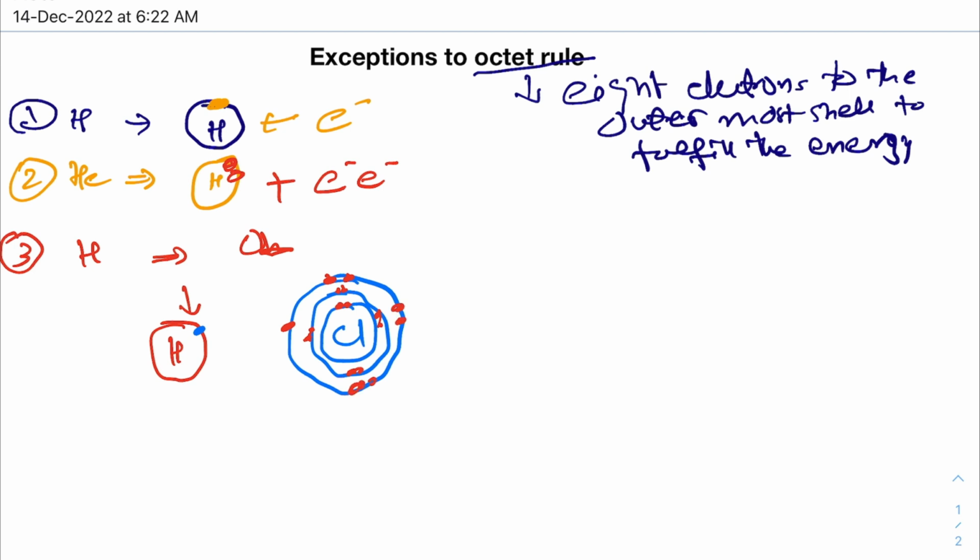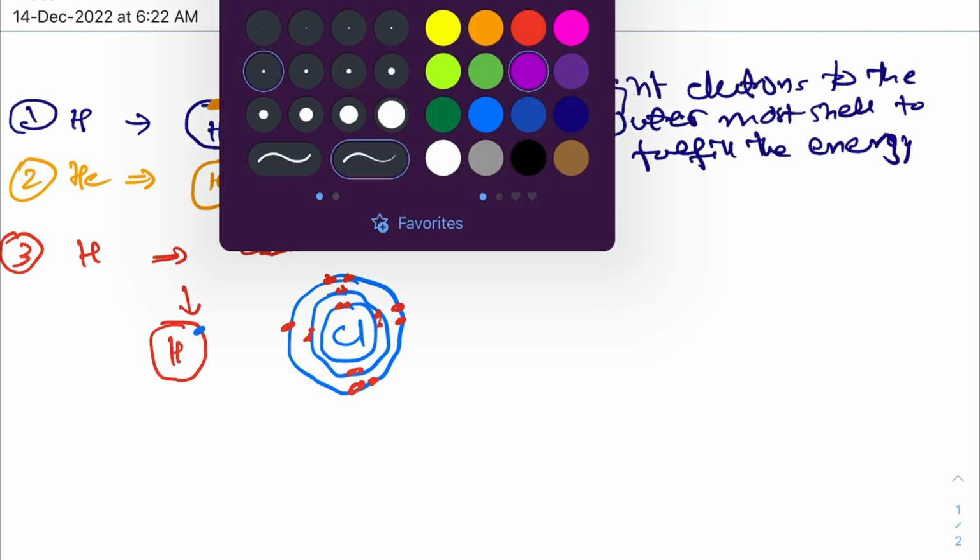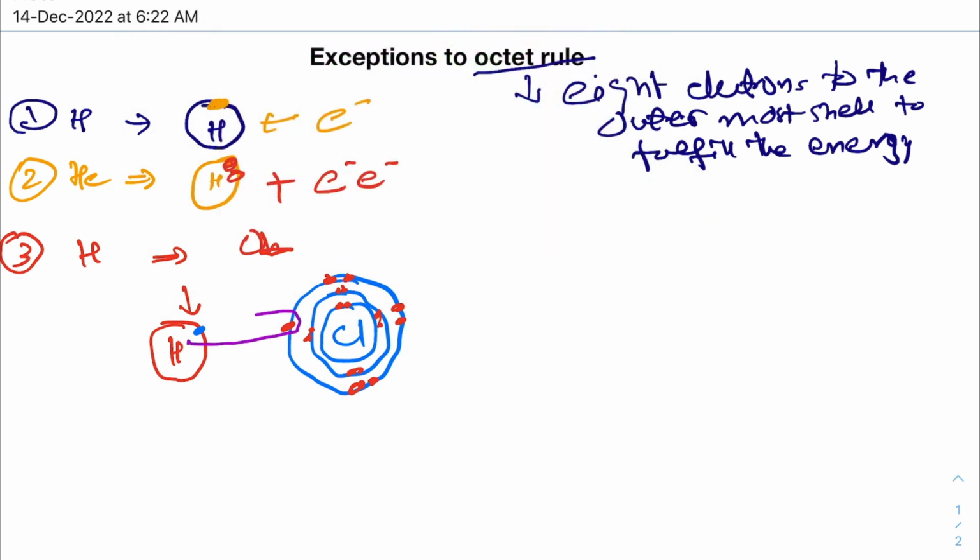So it pairs in this way that this forms an octet.